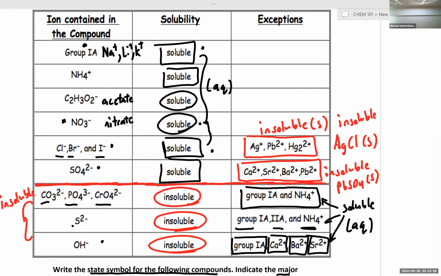To answer this question, is aluminum silver, lead, or mercury? Is aluminum any of these exceptions? No. Ergo, is aluminum chloride soluble or insoluble? It's soluble because it's in the soluble column and it's not one of the exceptions.